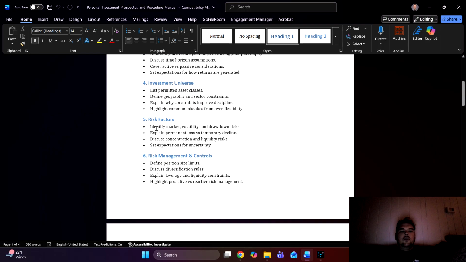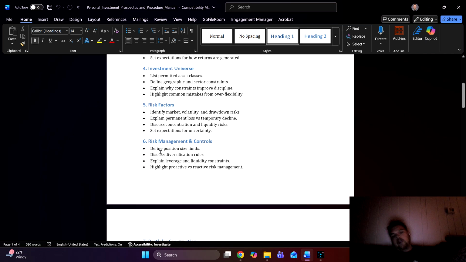And then risk factors, and risk management and controls, kind of go together here. So, risk factors: being aware of what's going on in the market, current events, economic trends, just being aware of your surroundings, really. I talked about that second level thinking. If you want to be a successful investor, you have to be on that second level thinking.